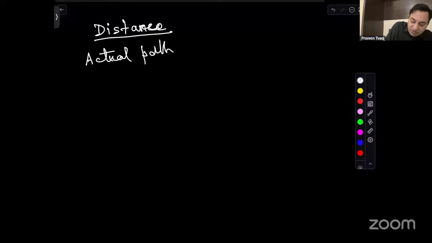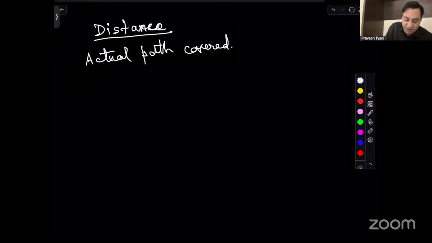Now distance is the actual path covered. Sorry, my handwriting is really bad right now because my screen is too slippery. I will get this correct.